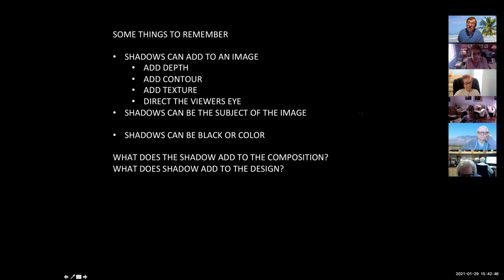So it's not instead of, it can be multiple things that the shadow is affording, or the shadow can be the subject of the image. We have a few like that, but mostly it's the top bunch. The shadow can be black and white, or it can be color. What we're looking at is, what is the shadow adding to the composition for the purposes of our discussion today, and whether it's adding something to the design.